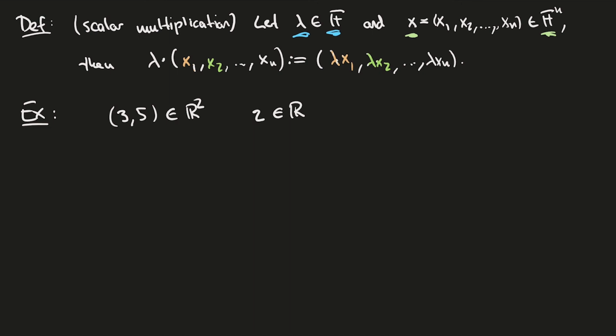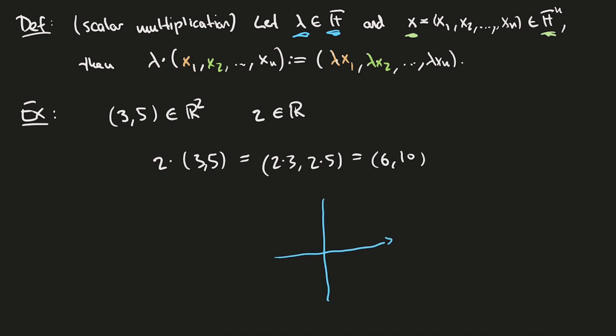So we take lambda equals 2, and we take x equals (3, 5). Then what we obtain is that 2 times (3, 5) is equal to (2 times 3, 2 times 5), which is nothing else than (6, 10).